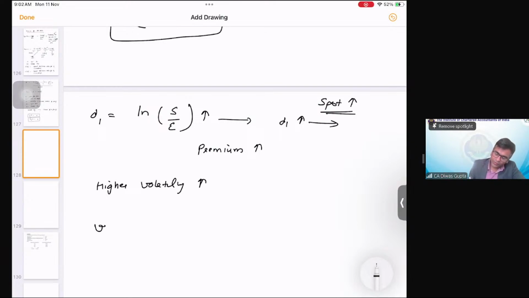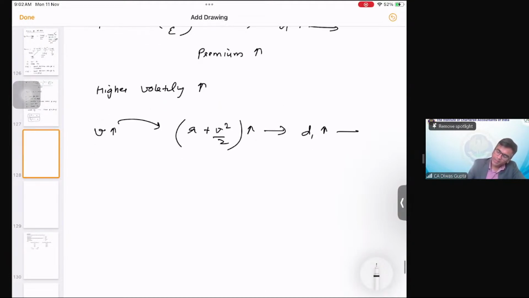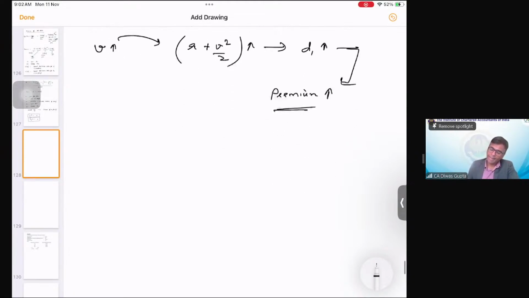So if V is increased, then R plus V square divided by 2 will also increase as a term. If this increases, then d1 will also increase. If this increases, then finally the premium will also increase. So we are just trying to see the impact of different factors on the respective values.